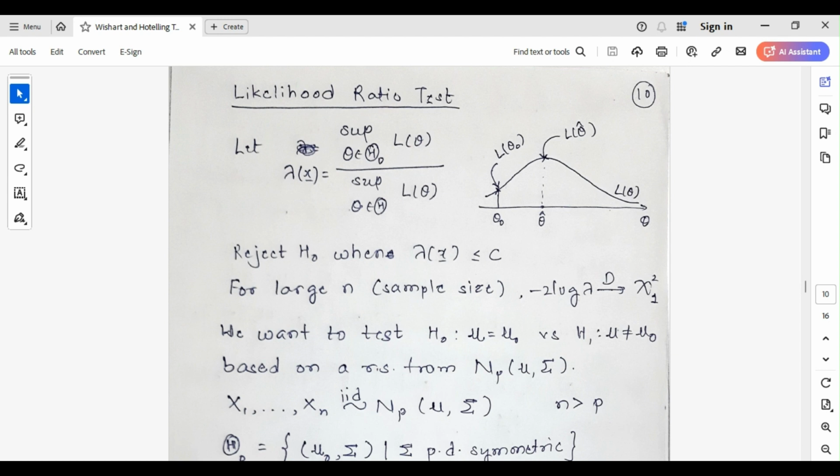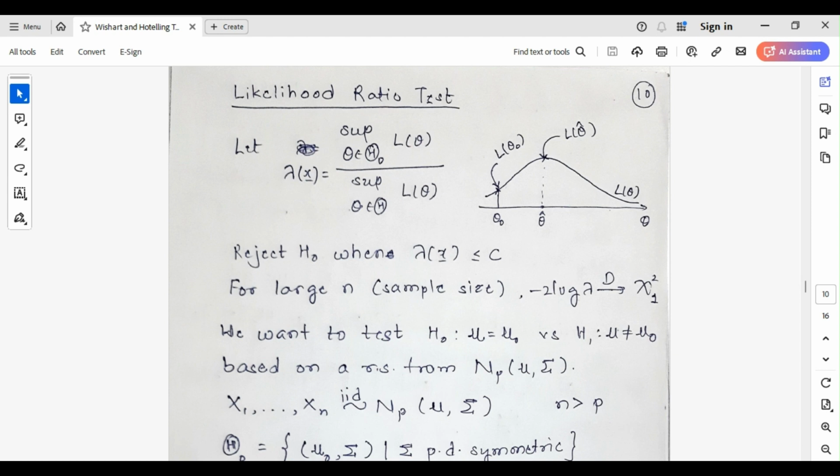As we see the trend of the likelihood function, the maximum value of likelihood function under the null hypothesis is achieved at the point theta naught, and so the numerator of the likelihood ratio test in this scenario becomes L theta naught, and the denominator becomes L theta hat. So this picture depicts a typical scenario of a likelihood ratio test statistic.